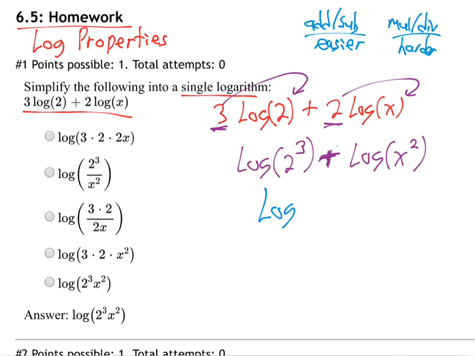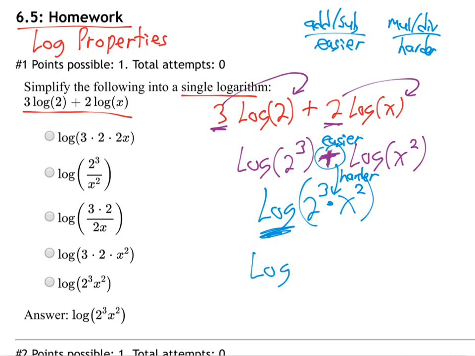So an easier operation of adding becomes multiplication, harder for one log. See how it became one log right there? It got harder for one person. So a job that's easy for two people, two logs, becomes a harder operation, multiplication, for one log.